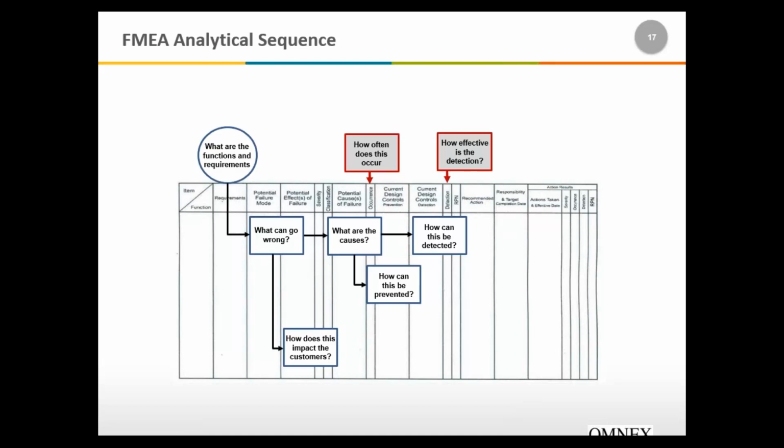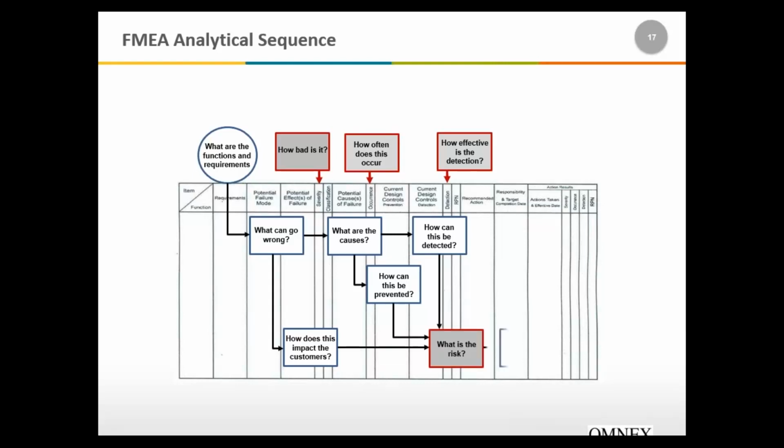Okay? And then we ask the question, how can this be detected? And we come up with the detection number. And then we say, what is the effect of this on the customers? Remember, everything higher is called customer, including the assembly line, the next process, and so on. And from there, we get the severity.